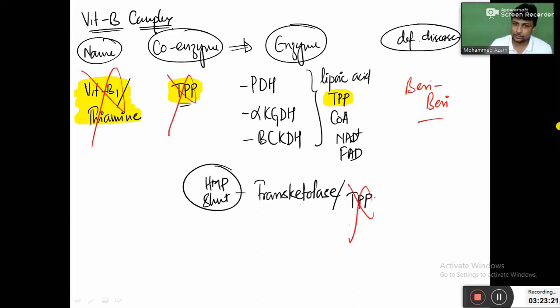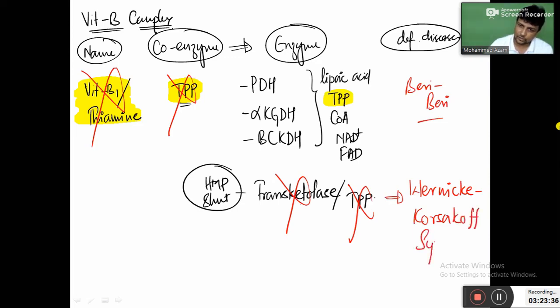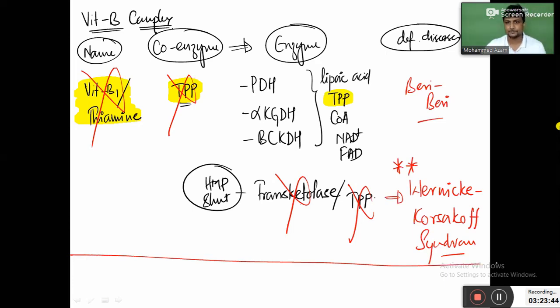If there is no TPP, transketolase will not work. If transketolase is not working, that leads to a syndrome known as Wernicke-Korsakoff syndrome. This is what they are asking nowadays. That completes your vitamin B1. Please mark a line here like this.